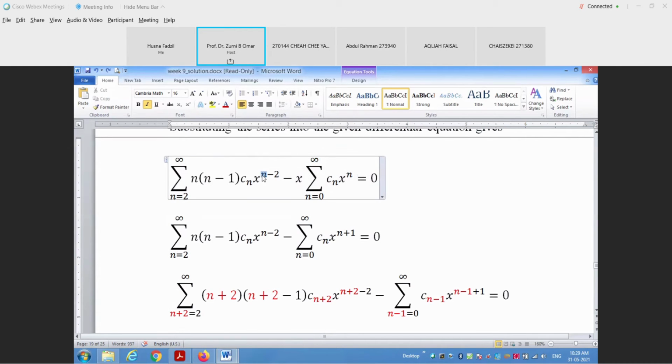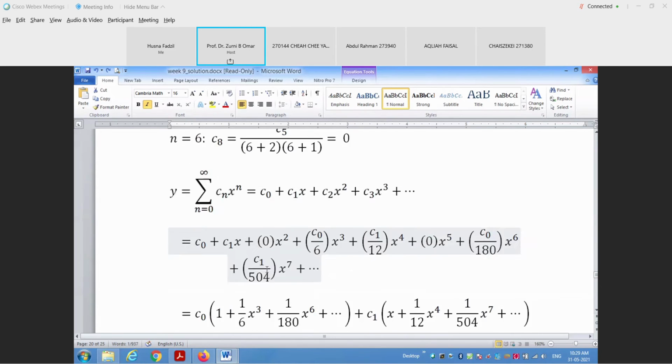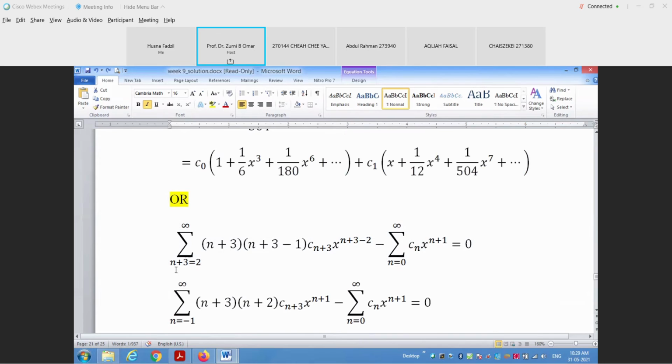Since n plus 3 minus 2 will be n plus 1, replace n with n plus 3. N minus 1 will be n plus 3 minus 1, seeing n will be seeing n plus 3, and x power of n minus 2 will be n plus 3 minus 2. This one remains unchanged because we want to change the power to x power of n plus 1.